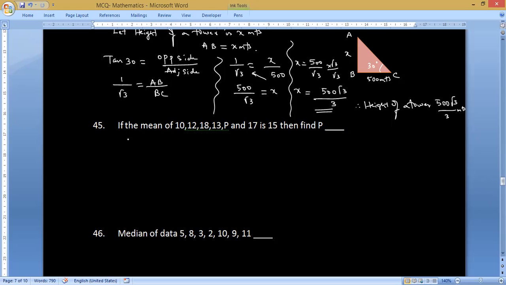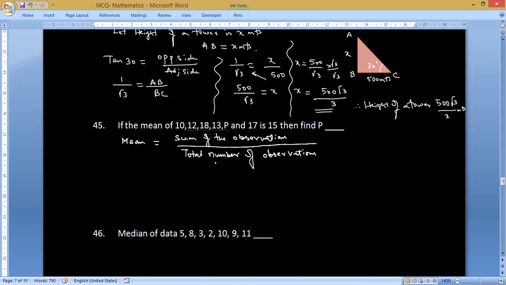So the mean has already been given. The mean formula is: mean is equal to the sum of the observations by the total number of observations. So the mean is 15.